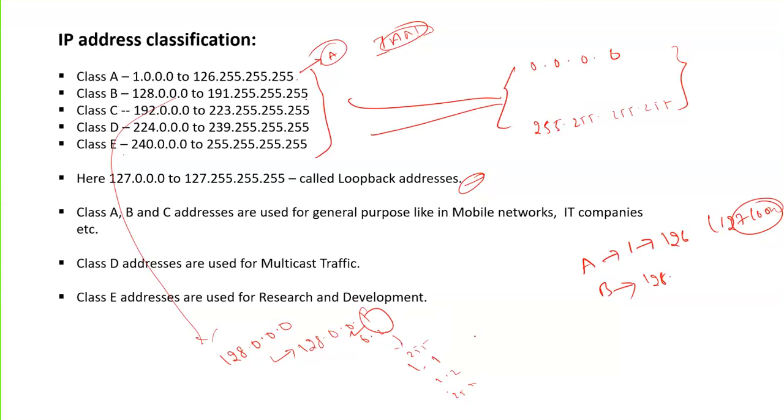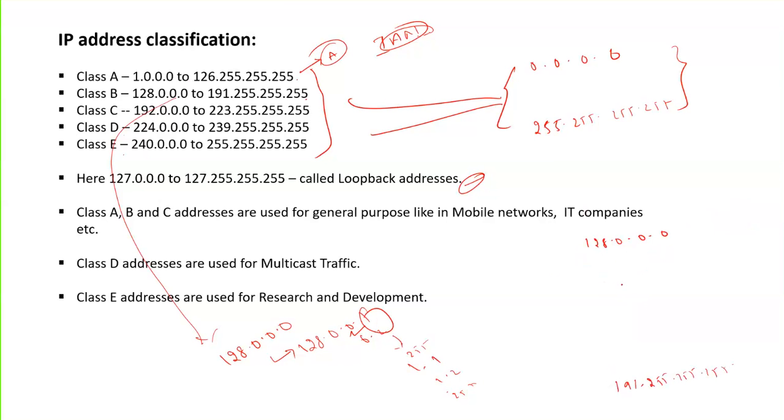Let me show it like this, one second. Just consider 128 only, class B. 128.0.0.0 is the starting IP address, and the last IP address is 191.255.255.255.